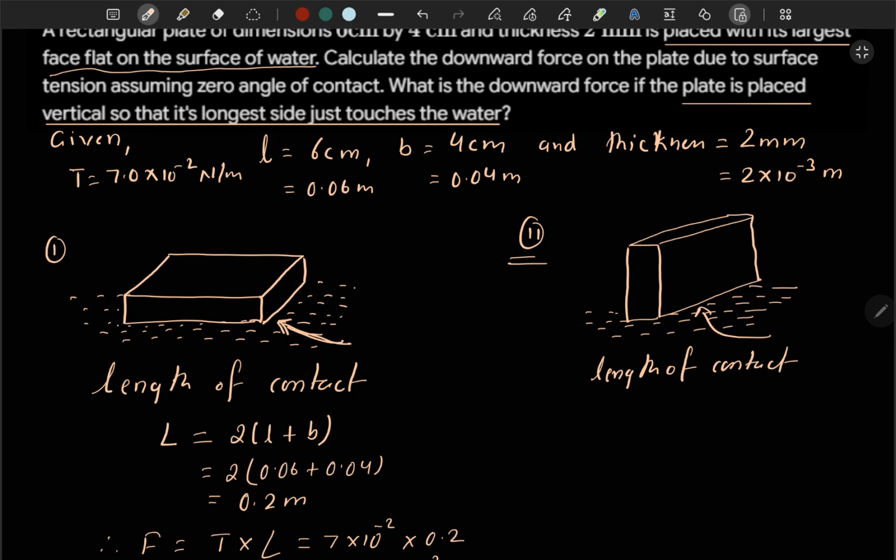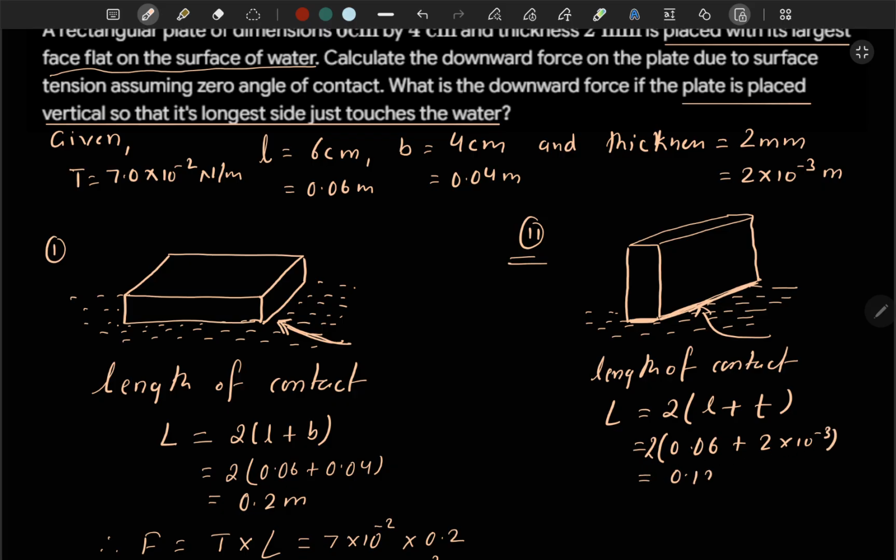will consist of this length, which is thickness, and this length, which is length, two times. That means length of contact is 2 times length plus thickness. That is 2 times 0.06 plus 2 into 10 power minus 3.